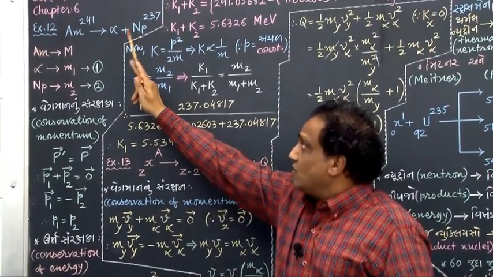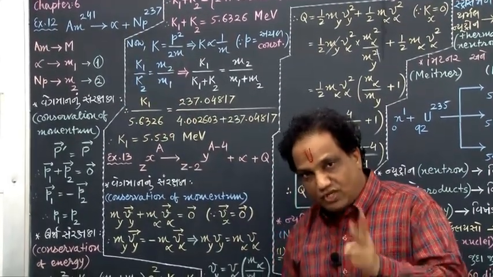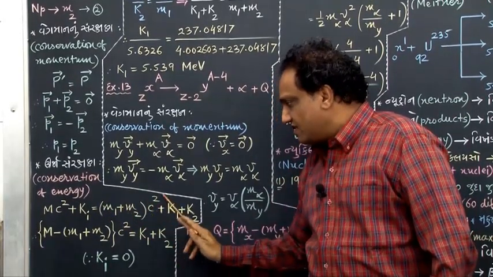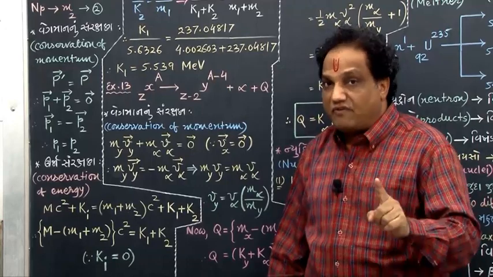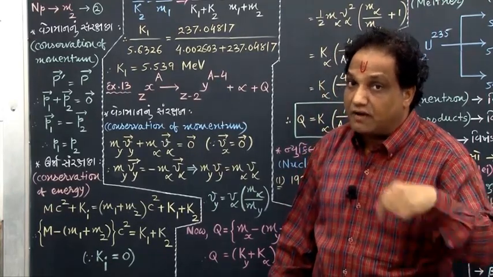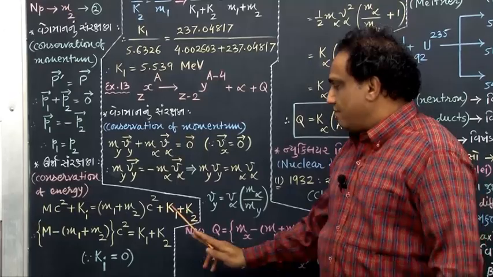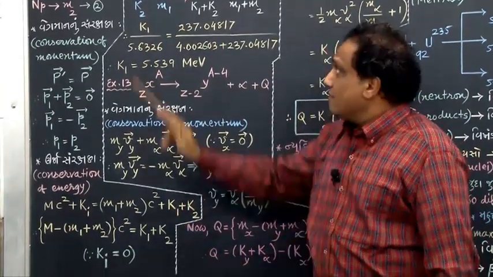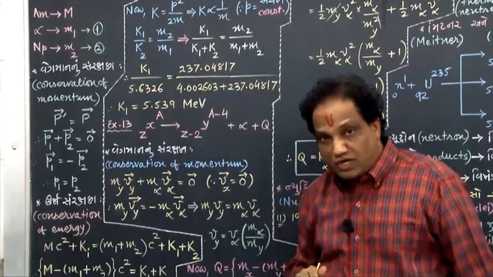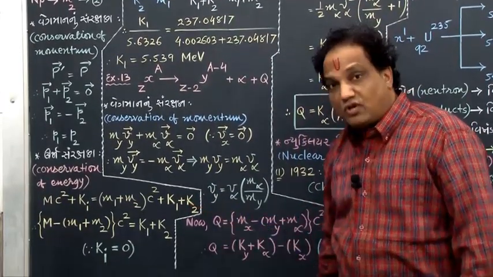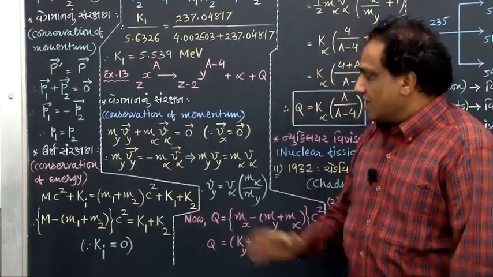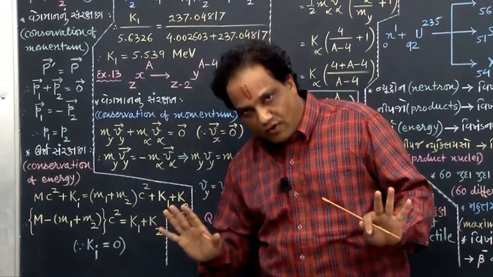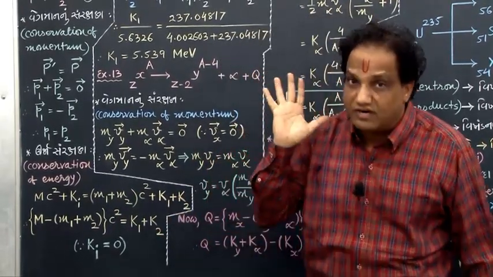Now later on we have two nuclei, so we should add their masses, and that total mass should be multiplied with c square, so that we will get energy equivalent to their combined mass, and plus kinetic energy of alpha particle, which I am showing by symbol K1, plus kinetic energy of neptunium nucleus, which I am showing by symbol K2. Fine. Initial total energy and final total energy should be equal according to law of conservation of energy.